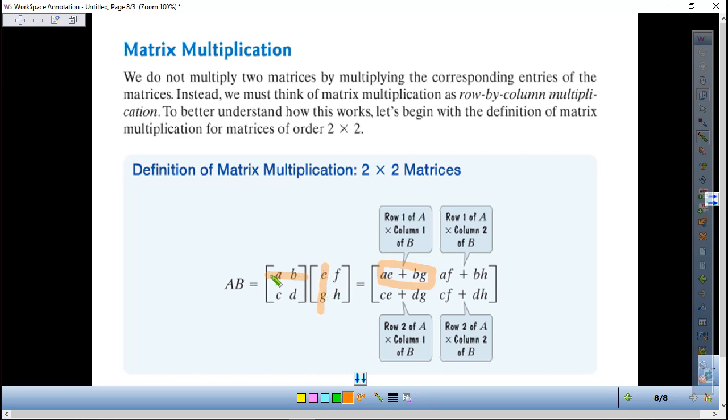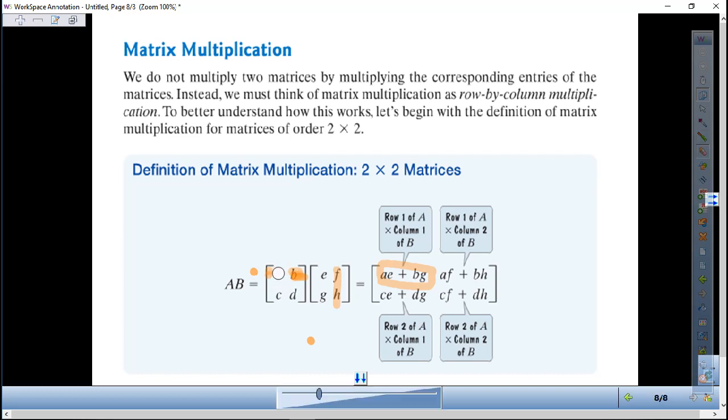When I go to do my second element there in row 1, I'm going to do row 1, second column. A times F, B times H. And I add those two things together. And you just go through the entire process doing the exact same thing.